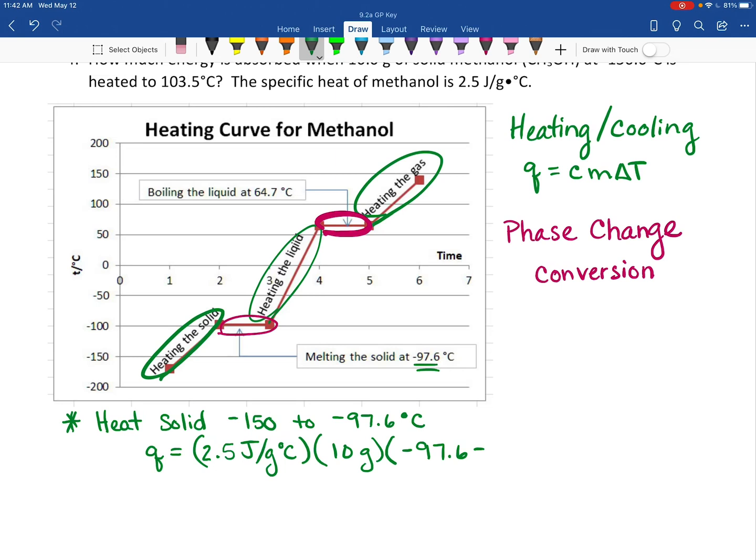We write that first, minus the negative 150 degrees Celsius. I calculated that out already, and I ended up getting 1,310 joules. And that is also going to be equal to 1.31 kilojoules. I'm going to go ahead and do that conversion. So I just divided by 1,000 to get that.